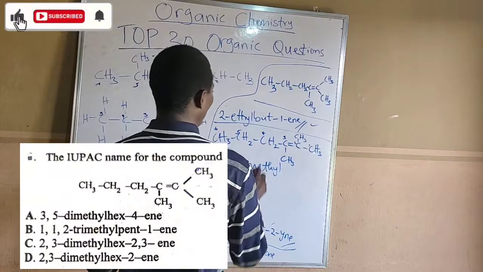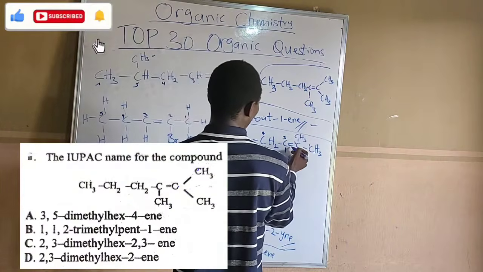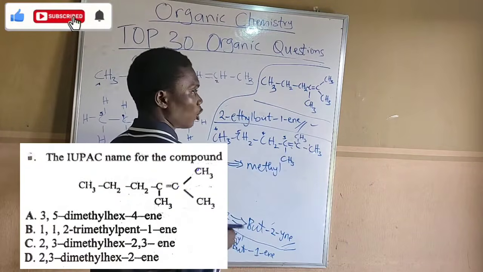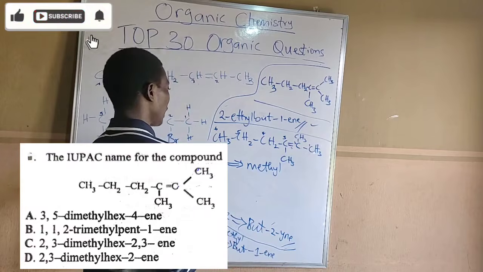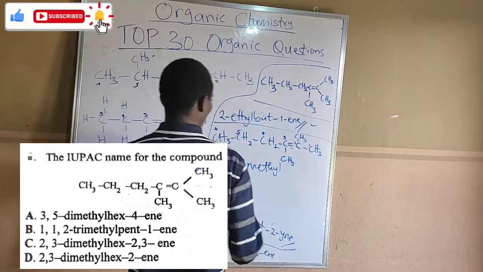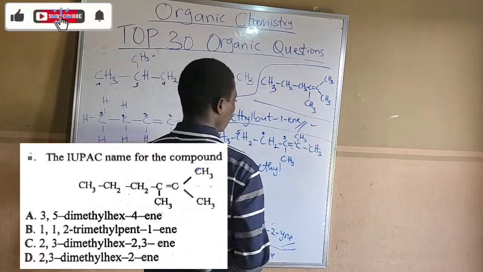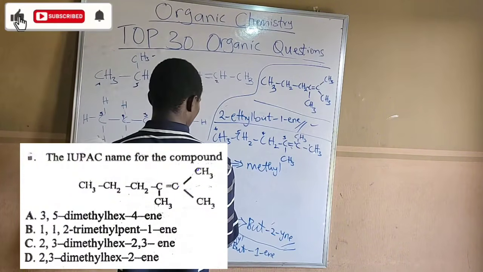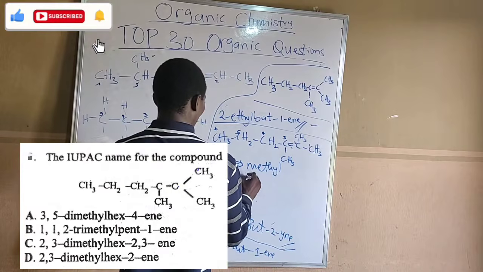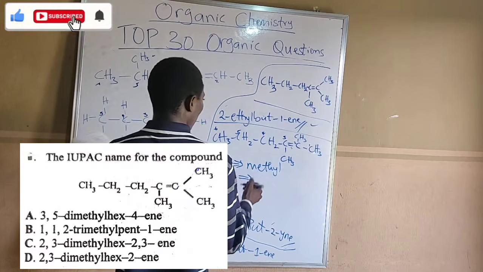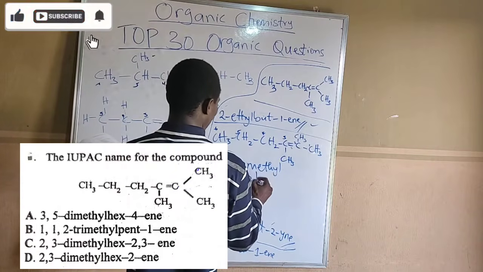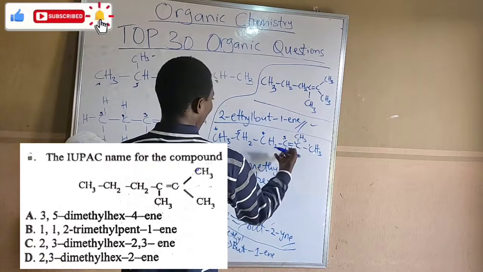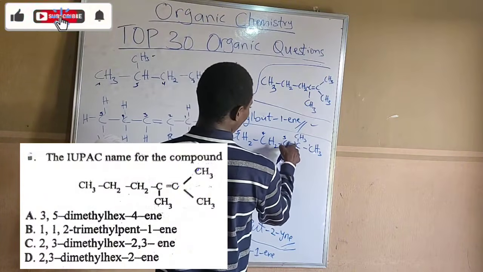All right. So what will be the parent name? First of all, this double bond tells us the parent name is from the family of alkenes. Which member has 6 carbons? That is C6H12, and that is hexene. And we write it as where the double bond is located after the second carbon.